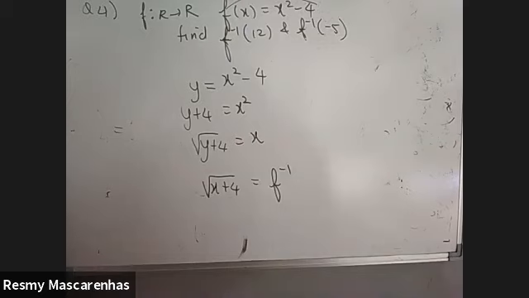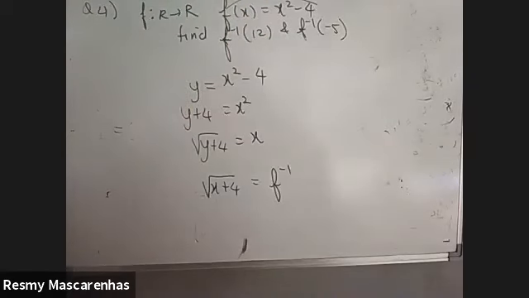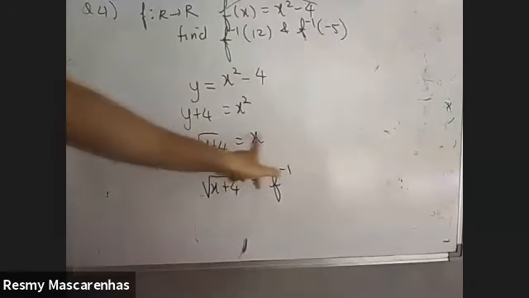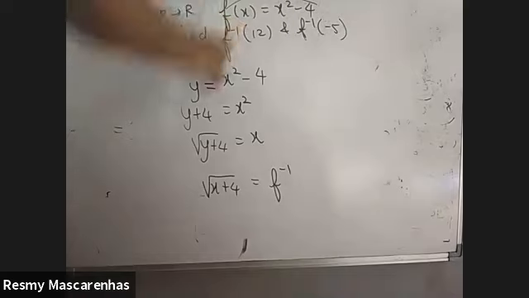Okay, if you don't want to prove that it is 1 to 1 and onto, and directly want to find the inverse, then always take that equal to y and then replace x by f inverse, and y you have to replace by x. Okay, and now what they have asked is f inverse of 12.